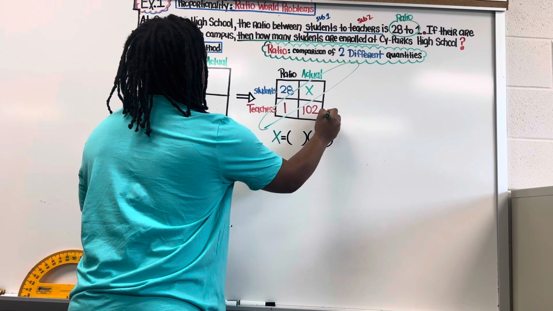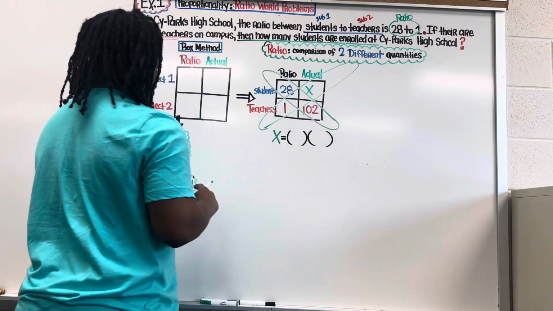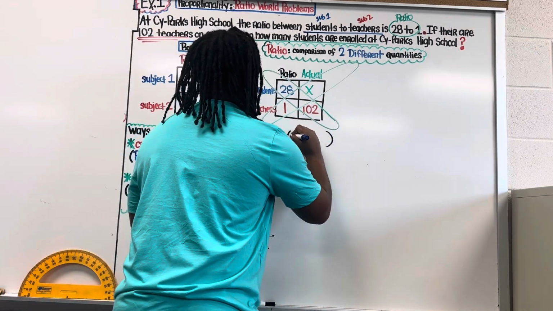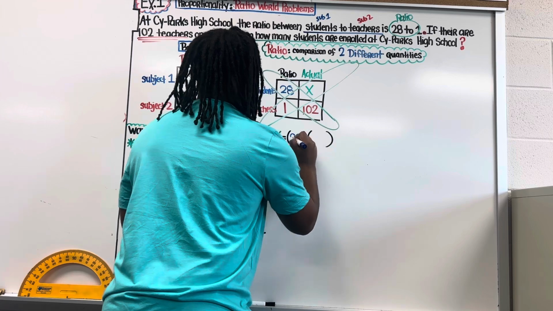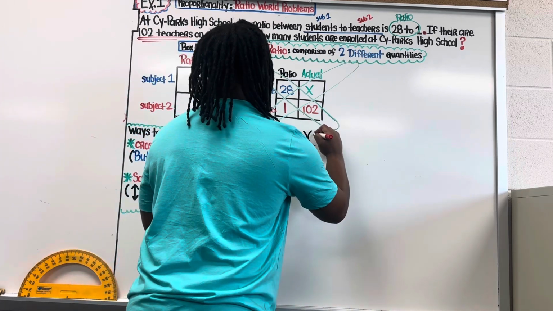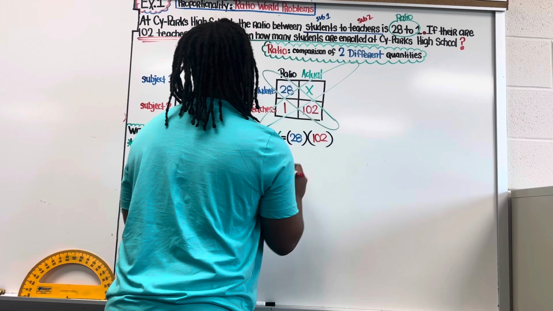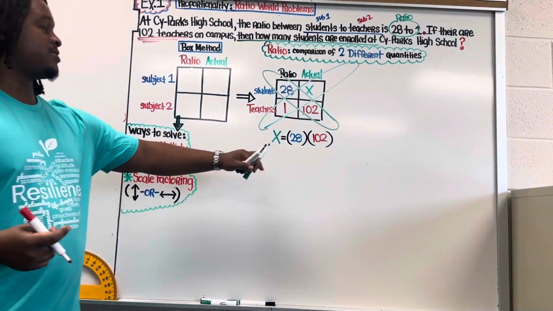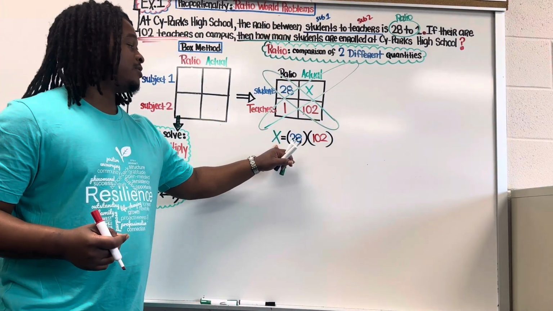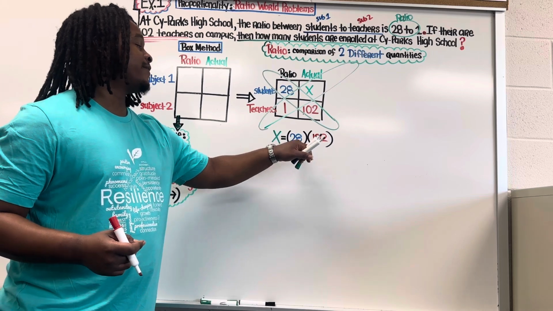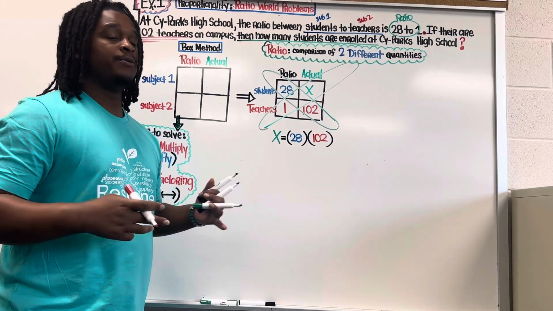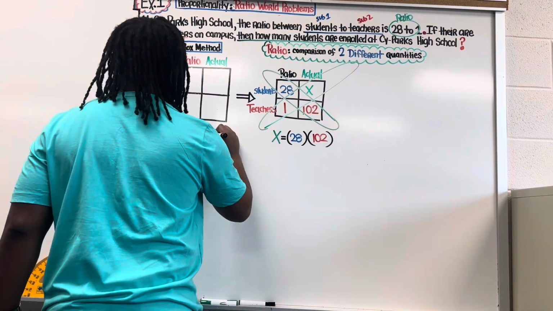Which will be 28 times 102. All right? And then guys, because X is just X, the value of X is gonna be whatever 28 times 102 will become, okay? So let me just do that on the side real quick.